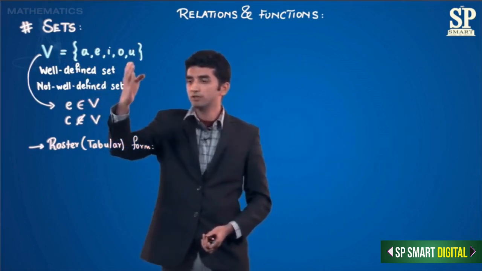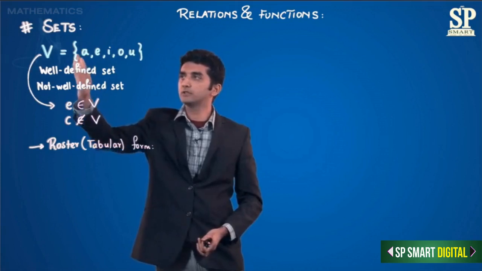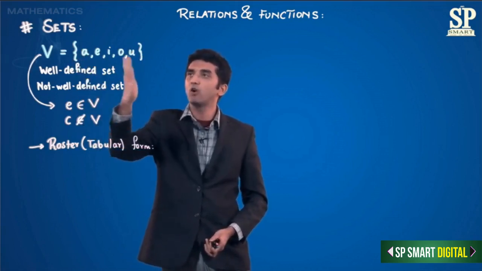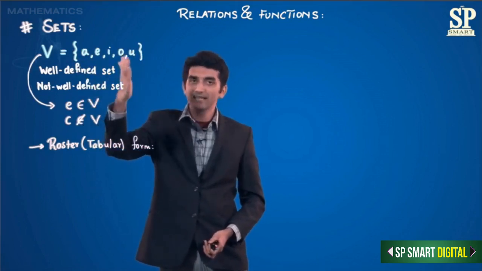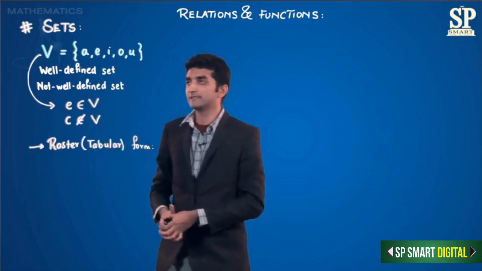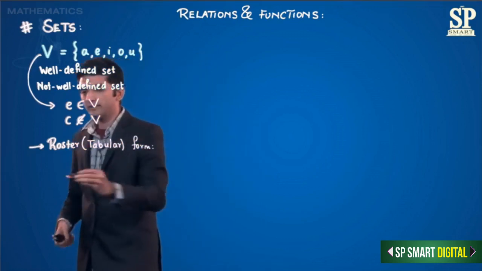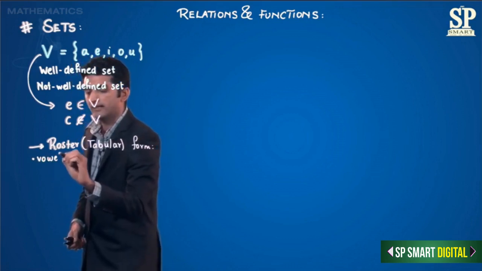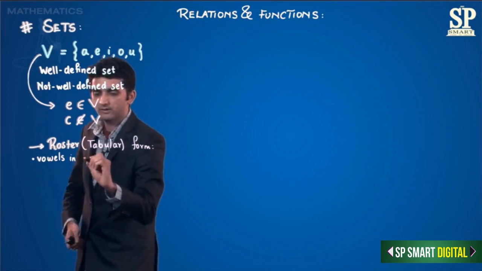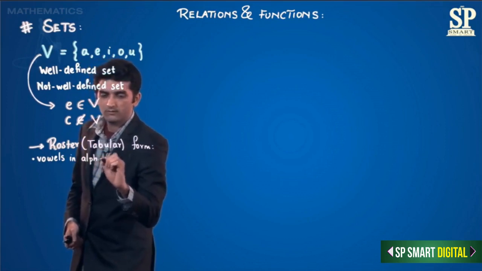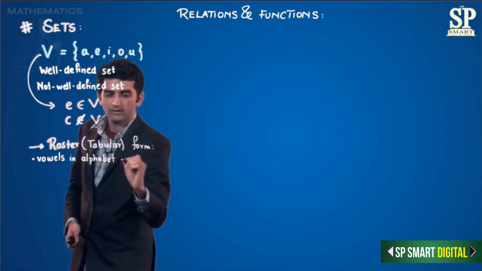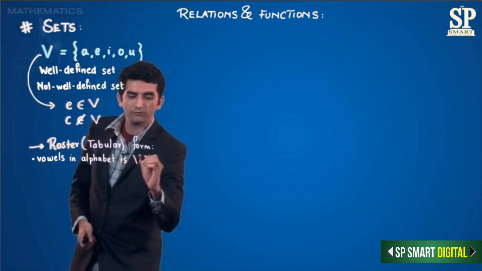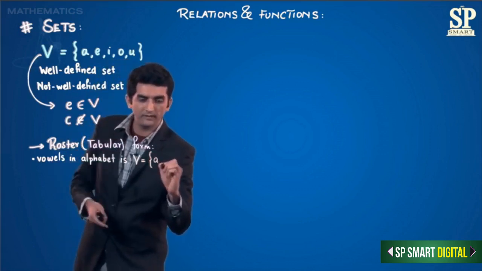So this is the roster form where we use the two braces, and all the elements will be inside these two braces. Vowels in the English alphabet is written as V is equal to, as we have written there.